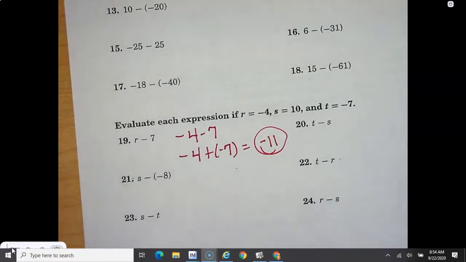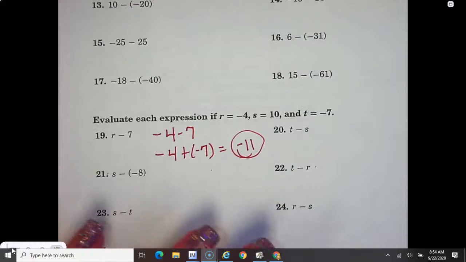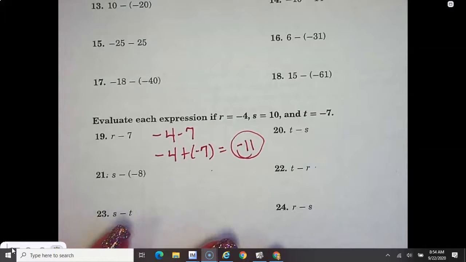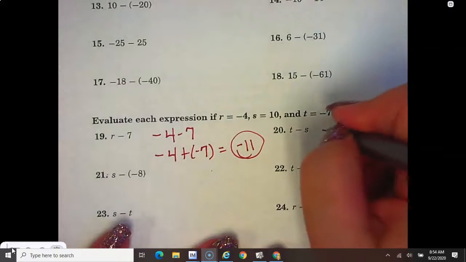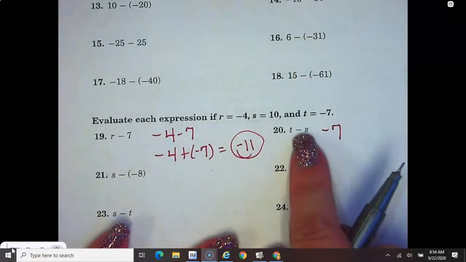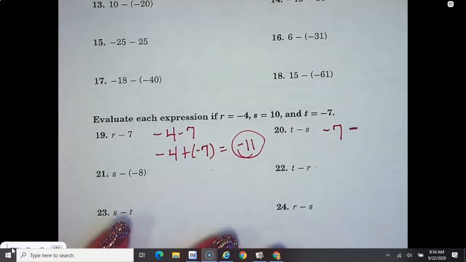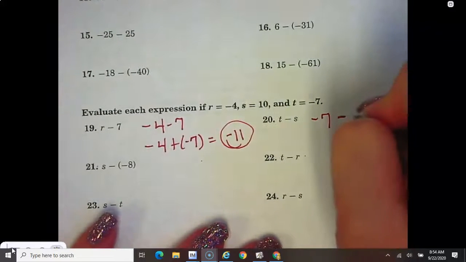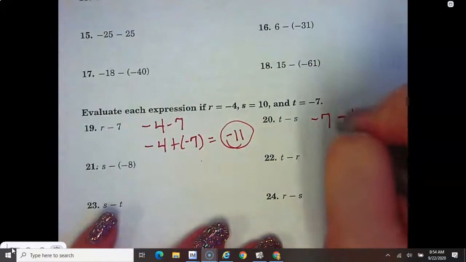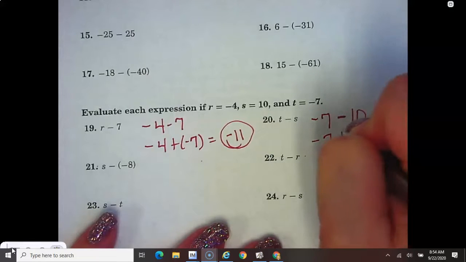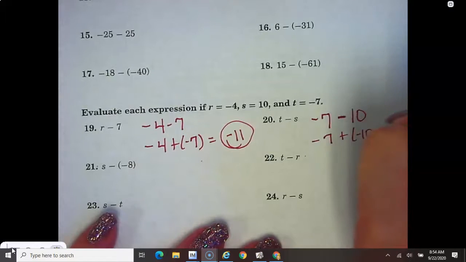Let's look at 20. t minus s. t is negative 7. Now, be careful, move that minus over. Now, what is s? s is 10. So it becomes negative 7 plus negative 10.